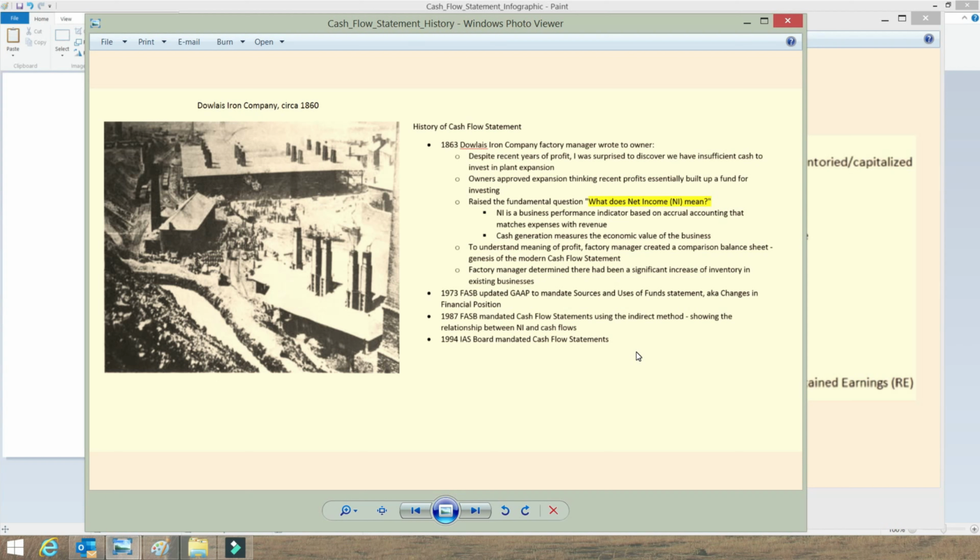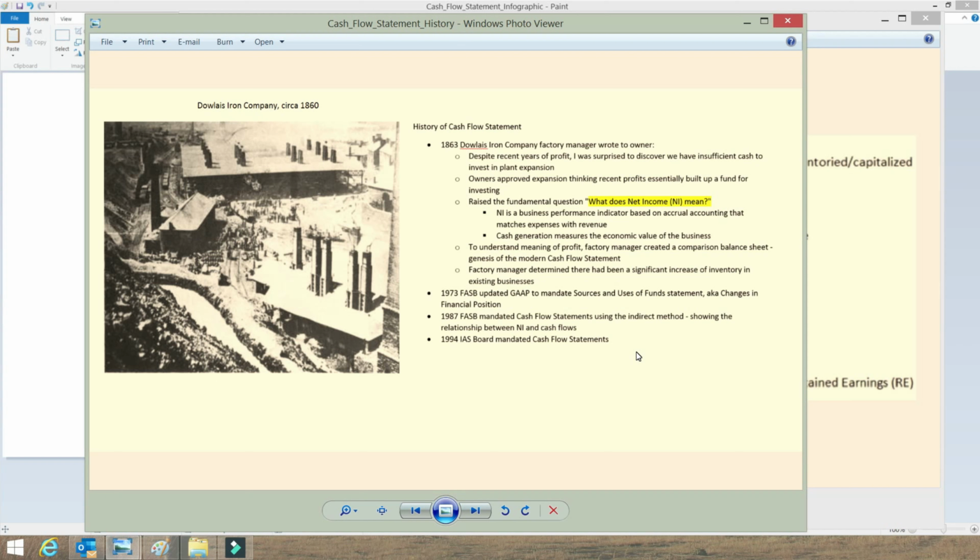This caused the factory manager to create what he called a comparison balance sheet, where he took the previous year's balance sheet and the most current year's balance sheet and took the difference of the line items. He was able to discover a fairly significant buildup in inventory that caused a use of cash to pay for that increased inventory, and that left little cash left over.